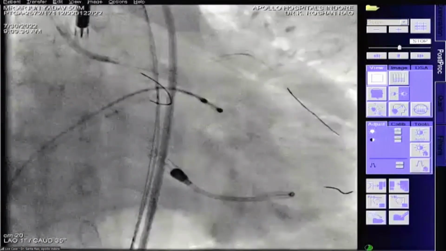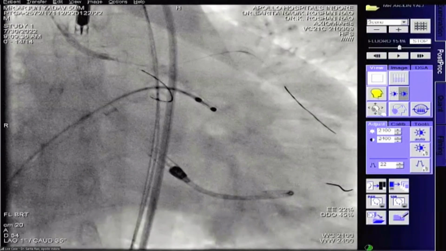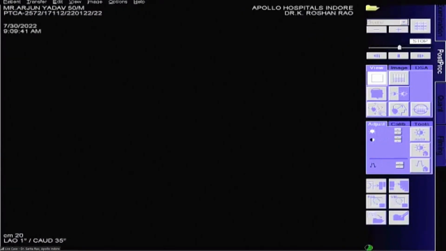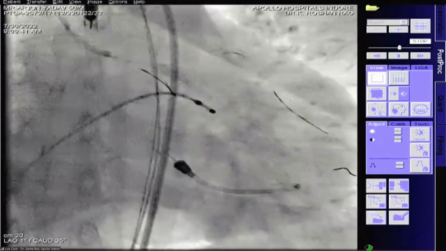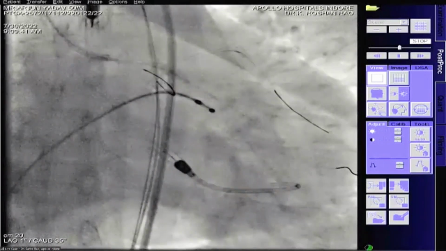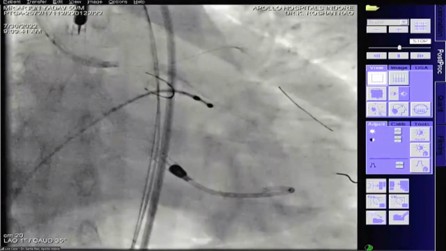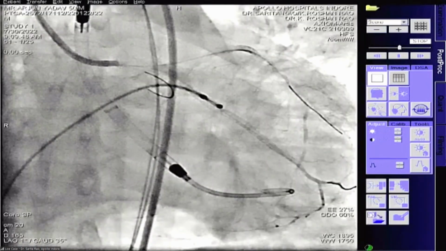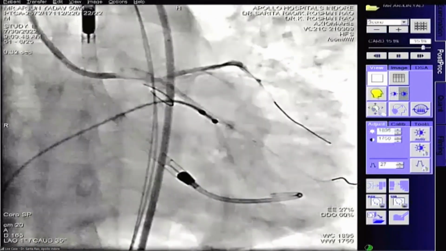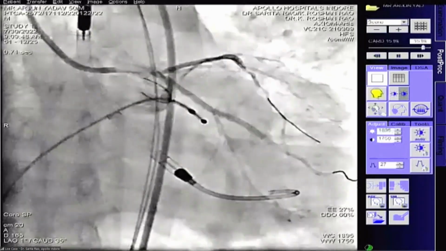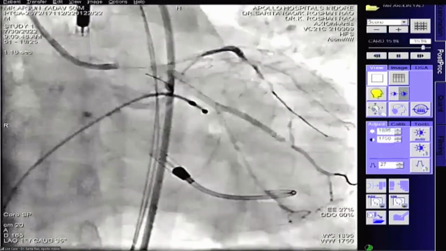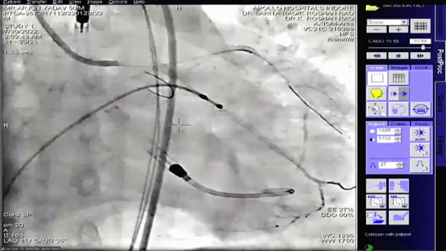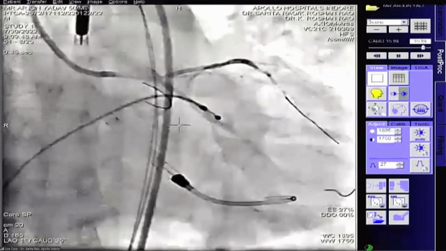So I think you were saying that you had bradycardia when you inflated, Dr. Sarita Rao, when you inflated left main? Actually, one should ideally be operating in the LAO cranial or ostial left.